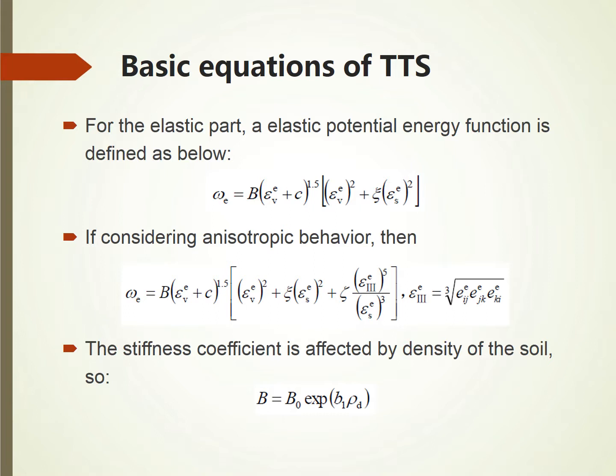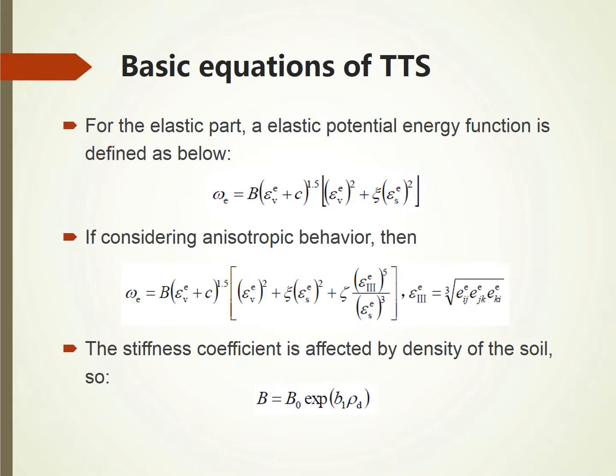Actually, the stiffness coefficient is affected by the density of the soil. So the parameter B is defined by B0 times exp(B1 rho D). Two parameters are used here, B0 and B1, and rho D is the density. So we can see for the elastic part, actually four parameters are used. That's B0, B1, C, zeta.